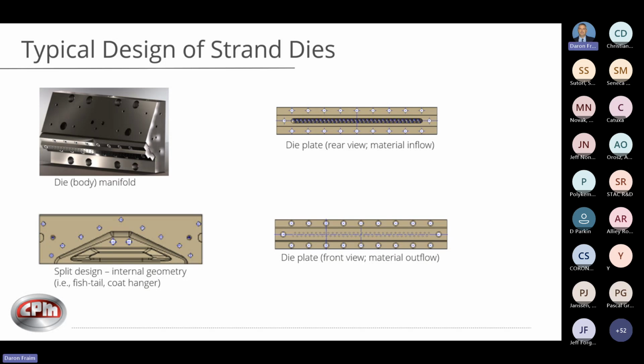On the right side, the drawings here, the die plate, this is what bolts onto the die manifold. And you can see the back side of the holes and then the front side. You can stagger these holes or single row. You can have double row, variable sizes. A lot of that's dependent upon your throughput and what size pellet cut you're targeting in terms of the diameter.